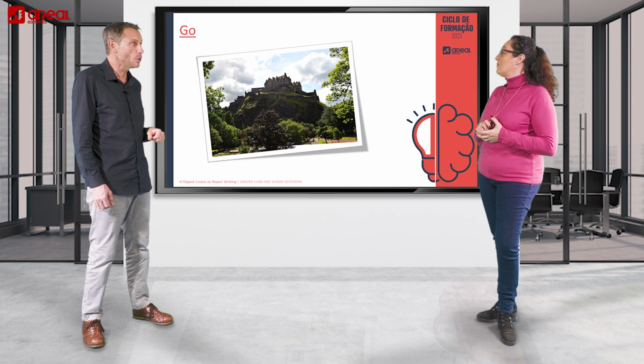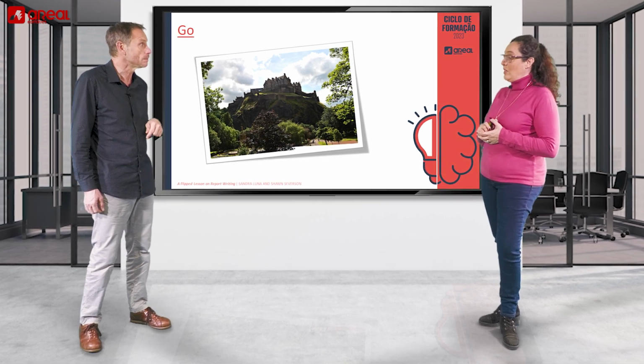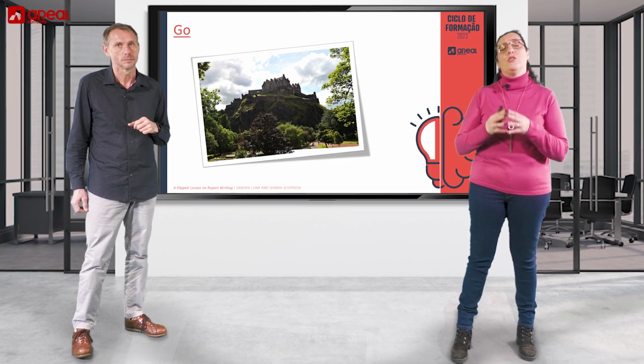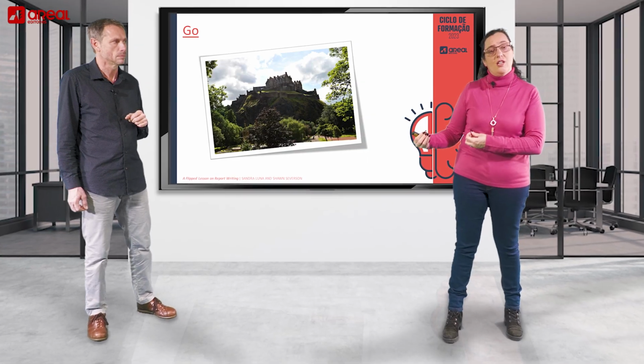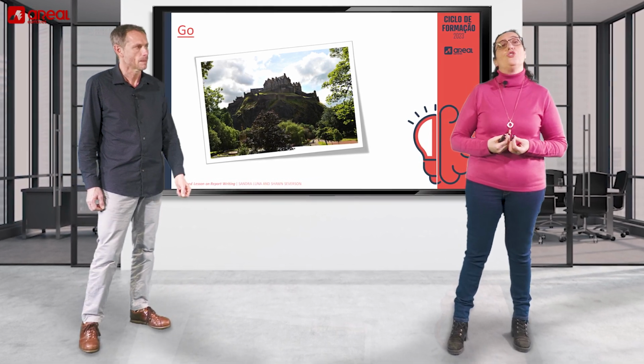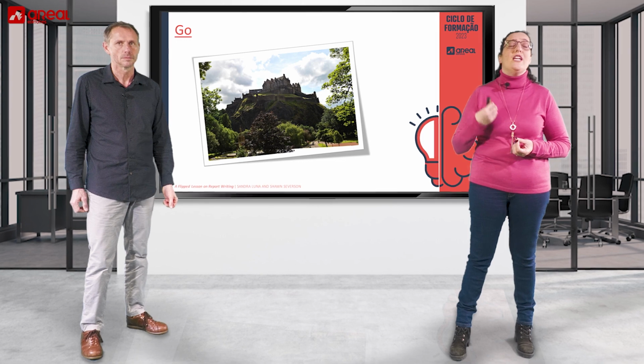And the go is for the conclusion, because you're about ready to go. So in the conclusion, what you need to do is talk about what was most important for you. You also need to give an idea to other people if this is a good experience or not. And obviously, you should include suggestions for improvement.